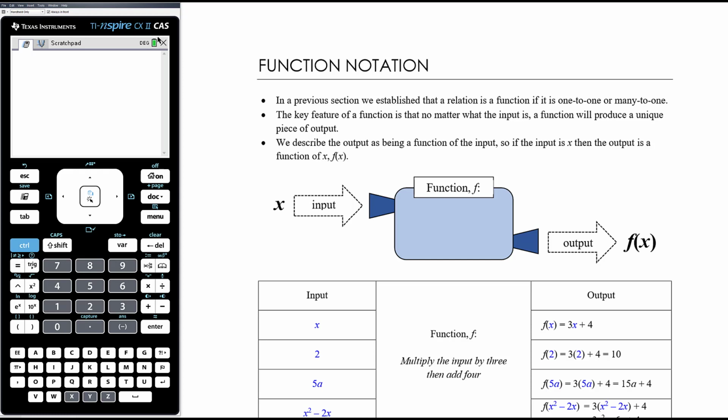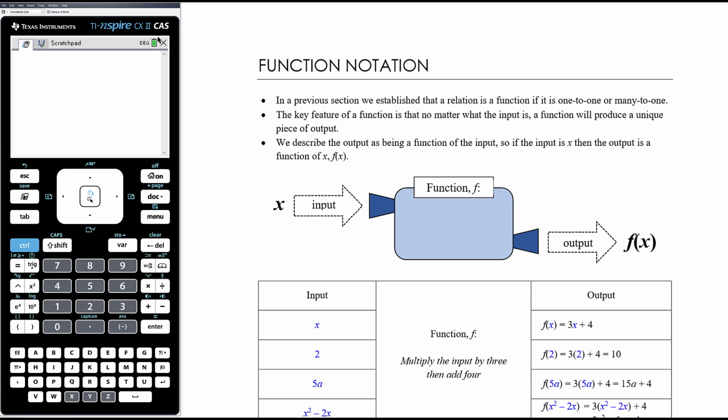So in a previous video, we established that a relation is a function if it is one-to-one or many-to-one. And so the key feature of a function is that no matter what the input is, a function will produce a unique piece of output. Okay, so that means that I can pick any x value, and that x value will just give me one y value.